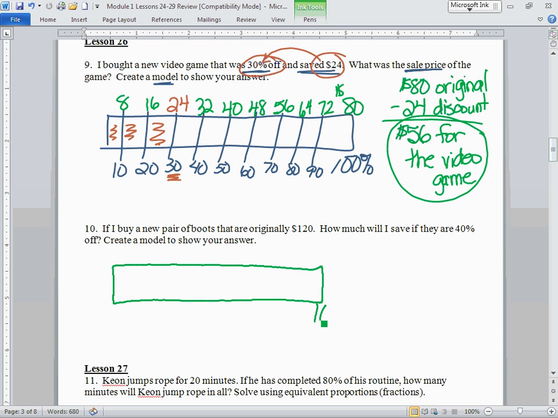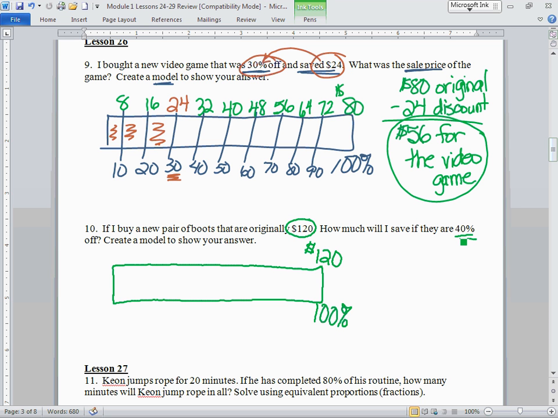My whole is 100%. This $120, is that my whole, my discount, my part? Sure, and you could use it as a tape diagram and fill in the amounts and part. Oh, there's lots of ways to check this.